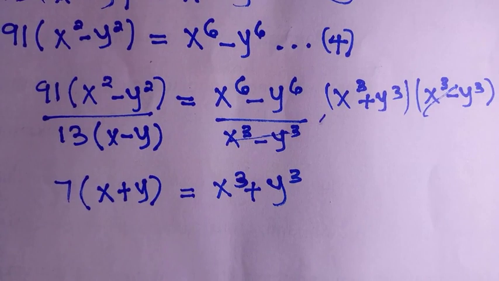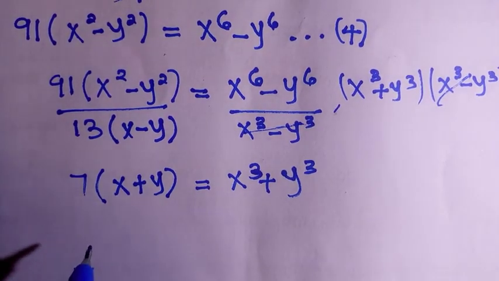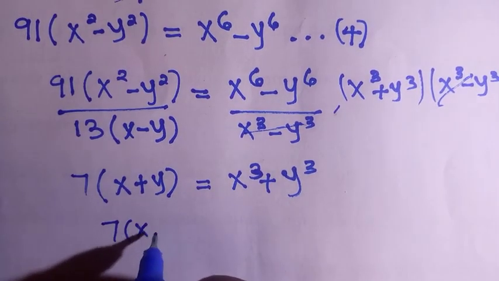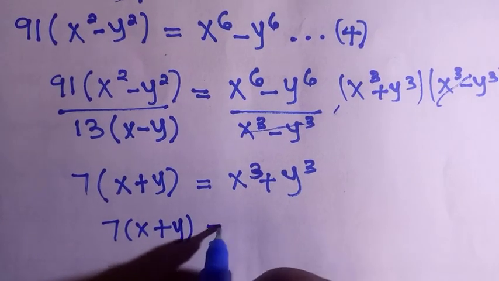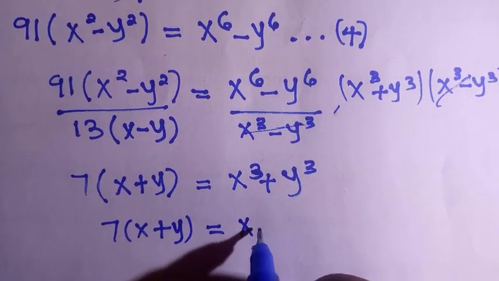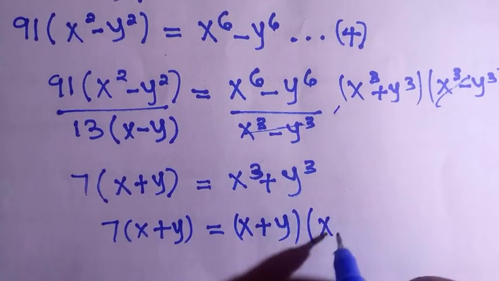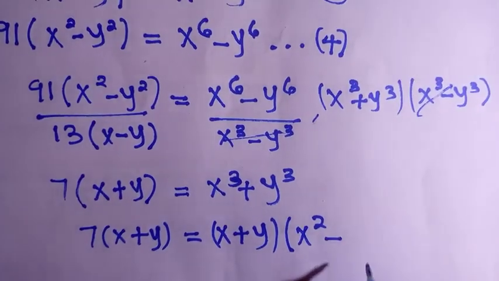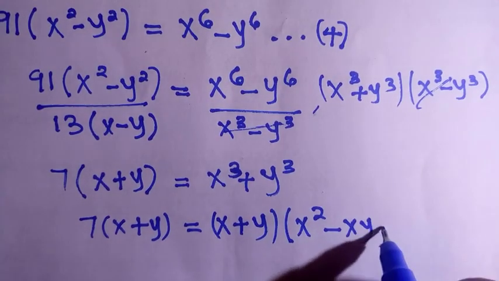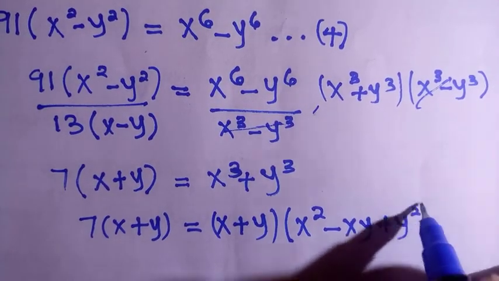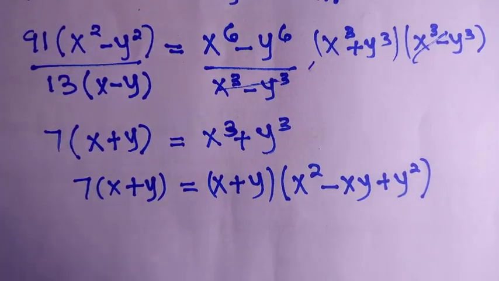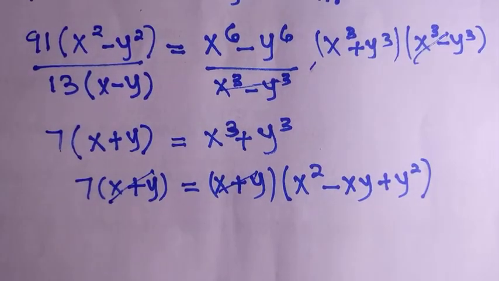And also this, the sum of two cubes, can be simplified as this. We have this equals (x plus y)(x squared minus xy plus y squared). So x plus y we cancelled.